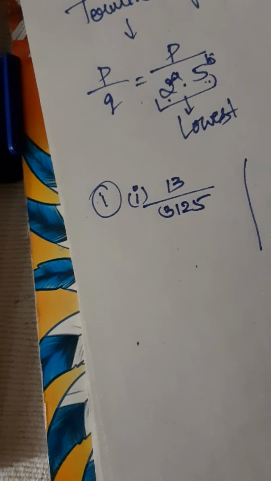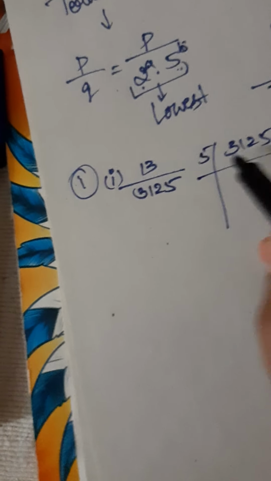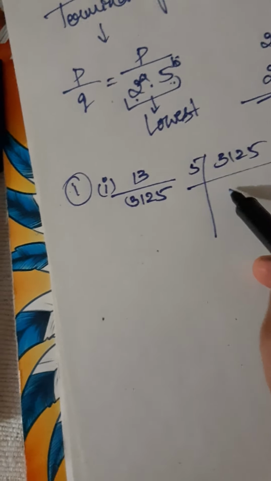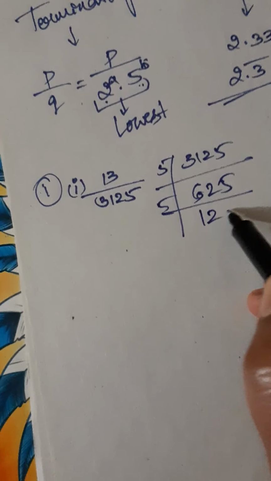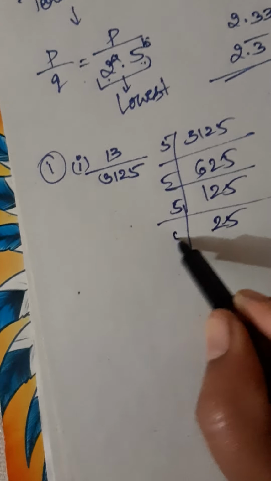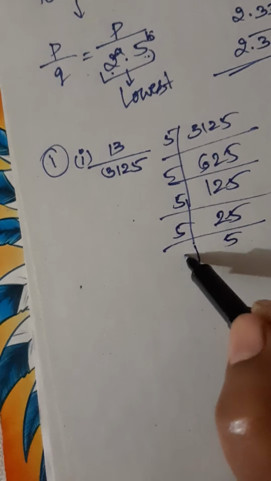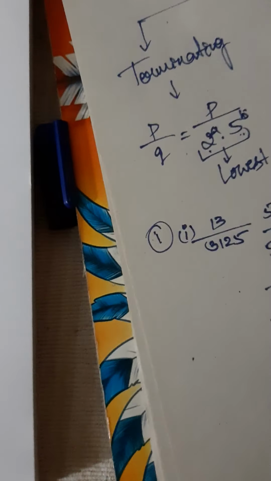Let's see our first one, that is 13 by 3125. For this 3125, we divide by 5 repeatedly: 5 sixes are 30, 5 ones are 5, and so on, until we get 5 to the power 5.